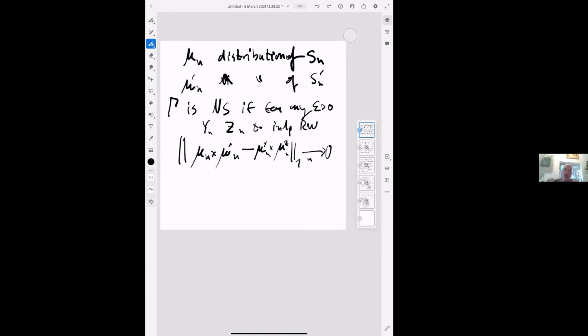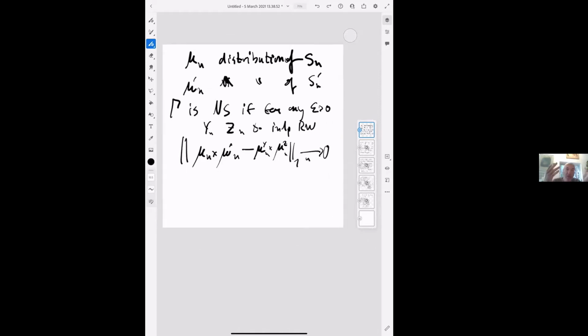So let me say it in words. We have one random walk, and we have the distribution of where the walker is at. Now we take the path and we perturb it a little bit, and we have the new point.